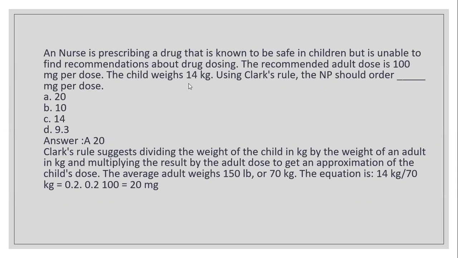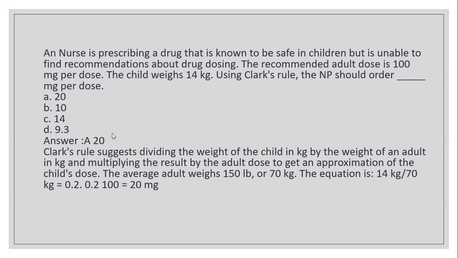The child's body weight is 14 kilograms, and using Clark's rule, what should the nurse order per dose? The answers: 20, 10, 14, 9.3. The correct answer is 20.